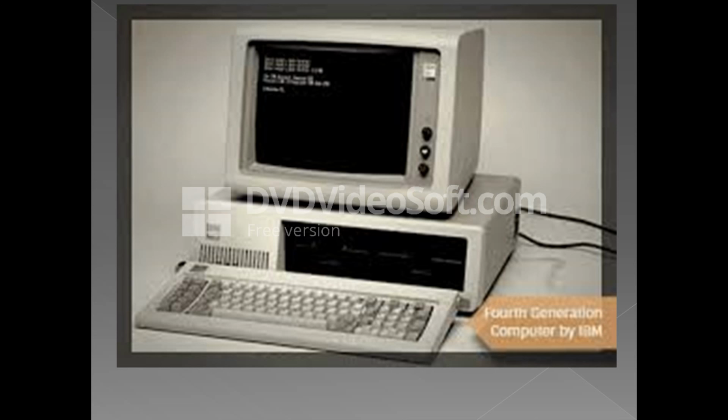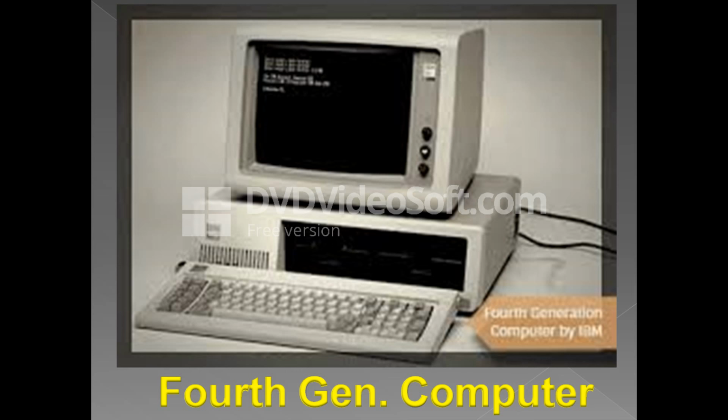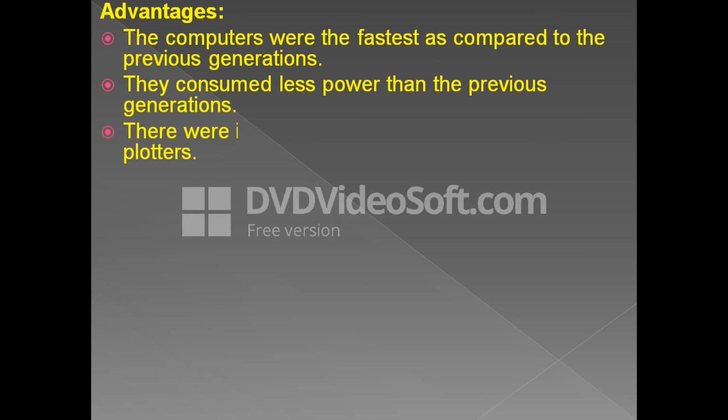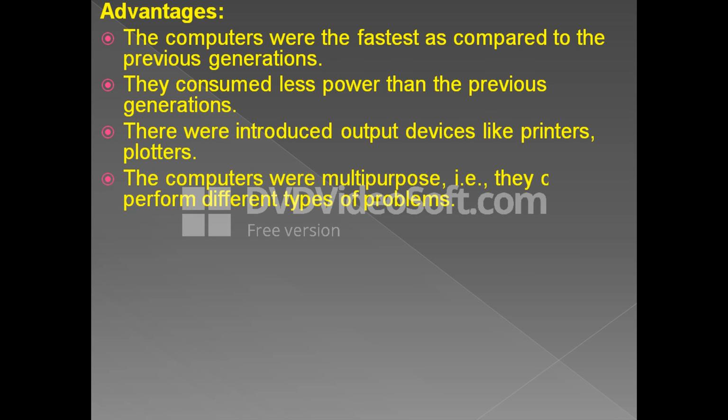So the last one is the fifth. Okay, advantages first. Computers were the fastest compared to the previous generation, consumed less power than the previous generation, plotters and printers were introduced, and computers were multi-purpose, that is they could perform different types of problems.